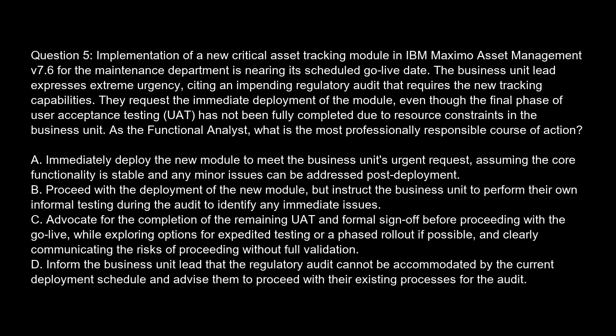Option C. Advocate for the completion of the remaining UAT and formal sign-off before proceeding with the go-live, while exploring options for expedited testing or a phased rollout if possible, and clearly communicating the risks of proceeding without full validation. Option D. Inform the business unit lead that the regulatory audit cannot be accommodated by the current deployment schedule and advise them to proceed with their existing processes for the audit.